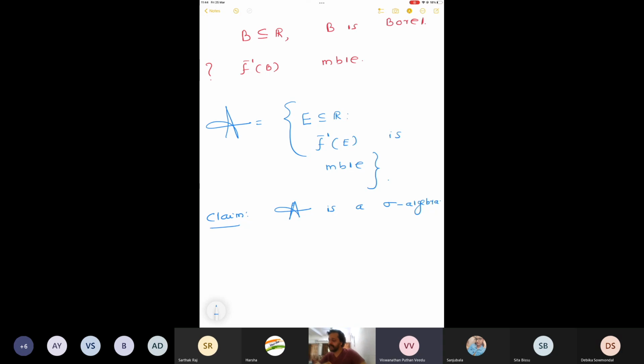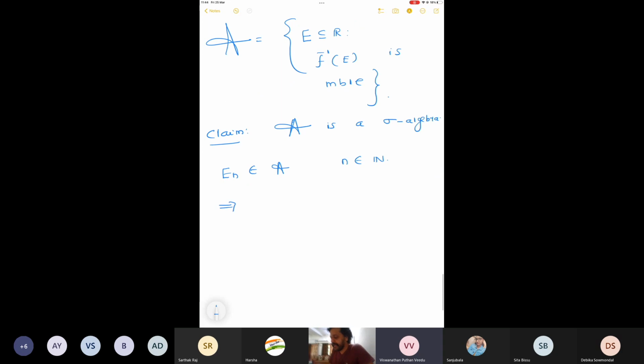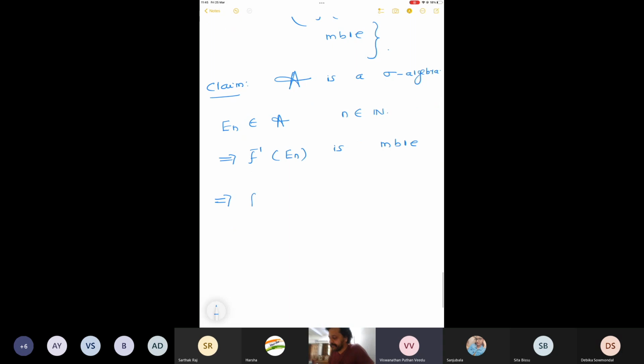Now, if the E_n are in A, then f inverse of E_n is measurable. My aim is to see that the union of E_n is in A. Fortunately, f inverse respects union and intersection; f will not, but f inverse will.